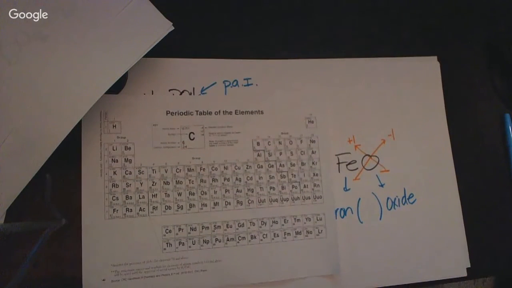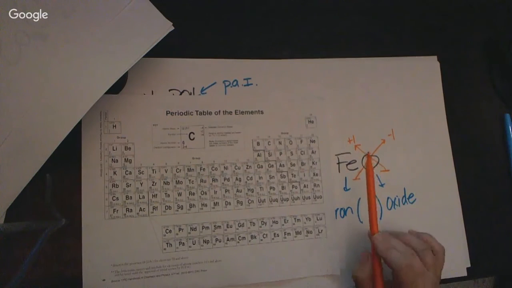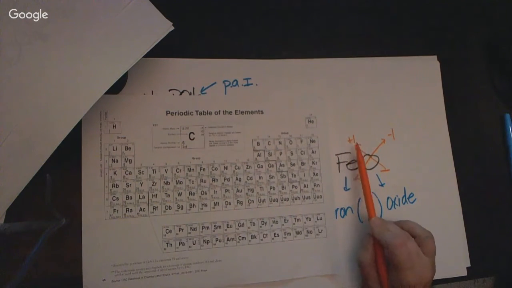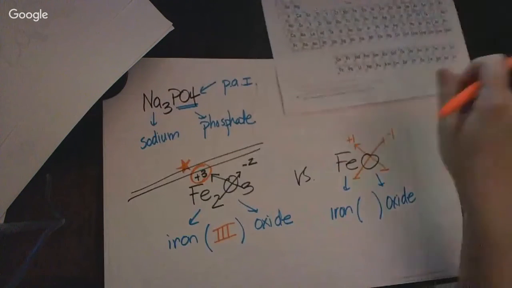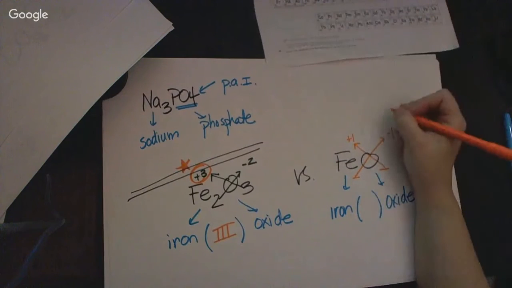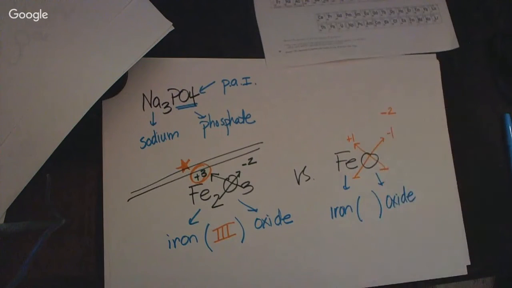We need to check the reference table. We want to check, can iron ever have a +1 charge? And if you look at your reference table, well, iron doesn't have a +1 charge. Iron's +2 and +3. Oxygen is never a -1 charge. Oxygen has to be a -2 charge.